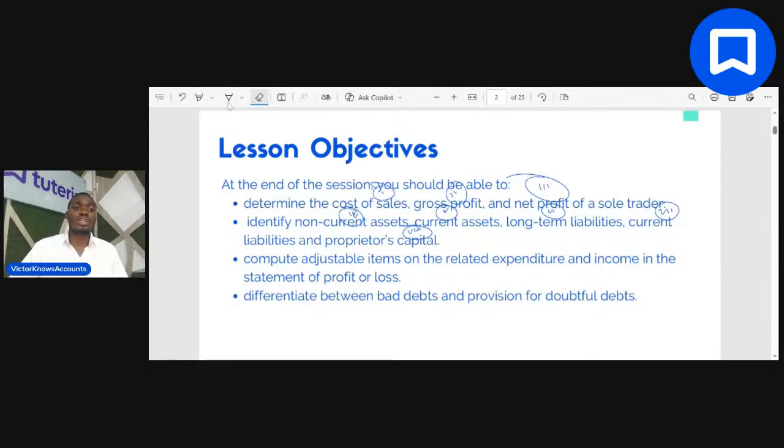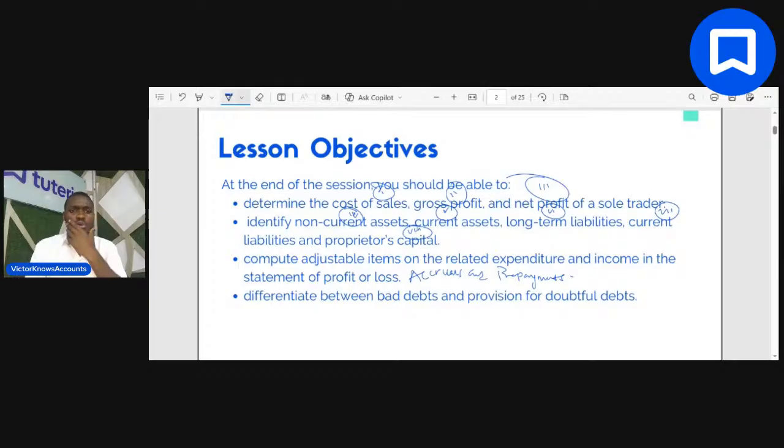And don't forget, whenever you hear this, know that we are just talking about final adjustment, which is a form of accruals and prepayment. Is that fine? So it's as simple as that. Then of course, if time permits, we would also talk about bad debt and provision for doubtful debt.